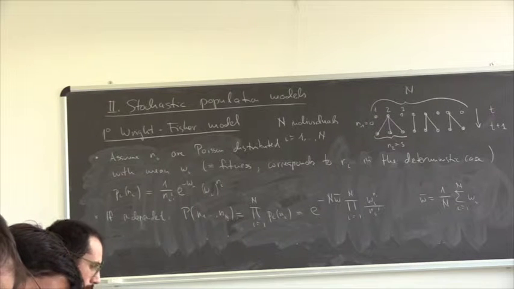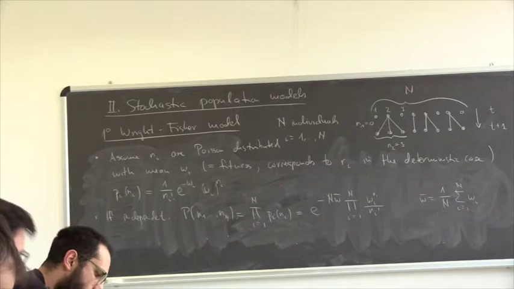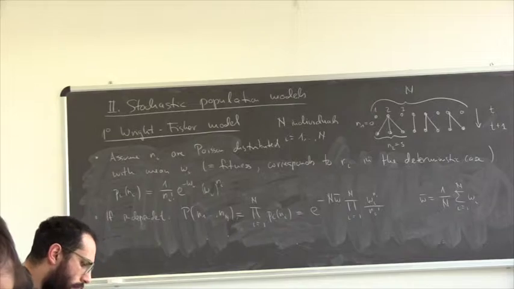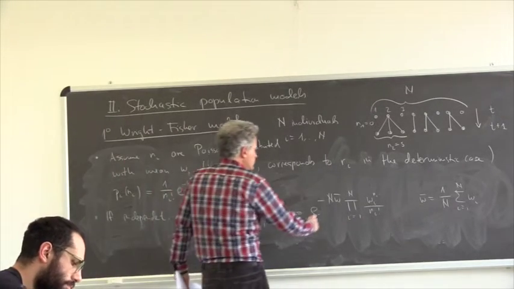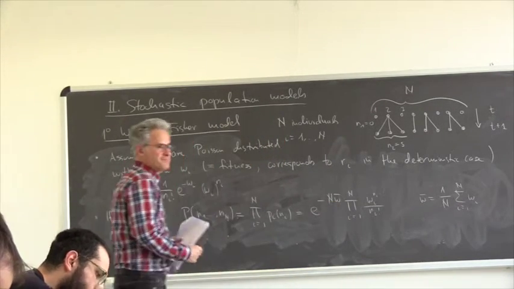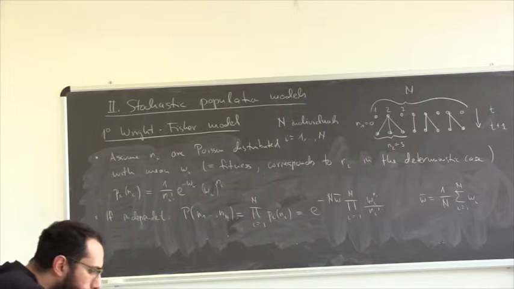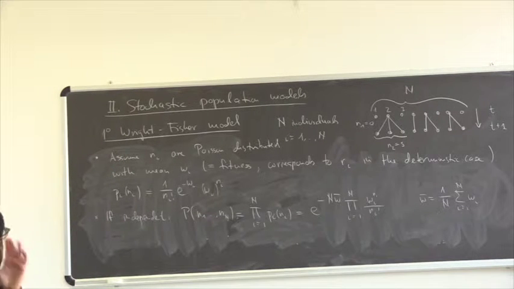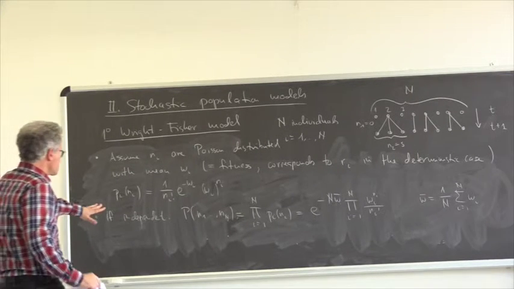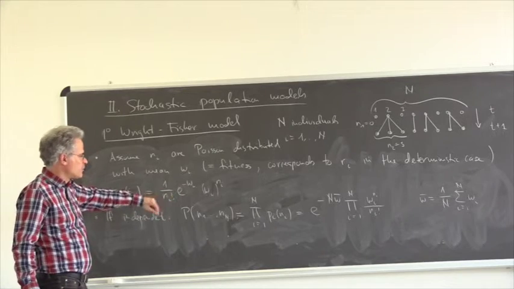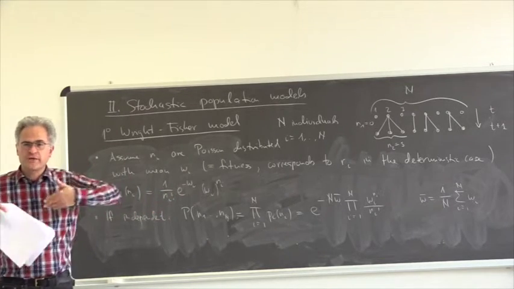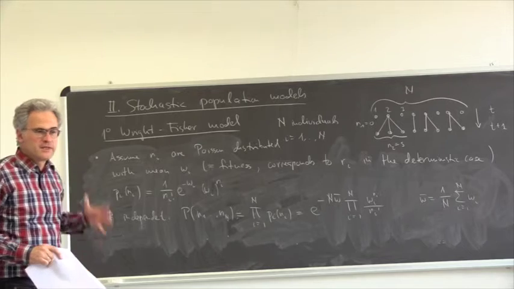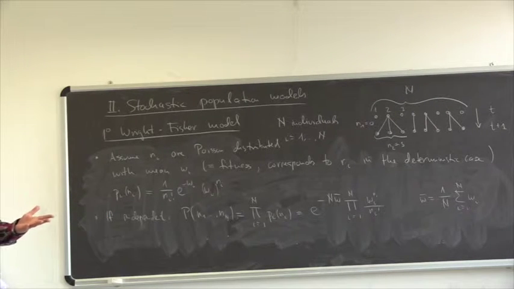Now, the question is, how do we make sure that the number of individuals doesn't change? If we define the model like this, so we say each individual creates offspring independently, then this would be something called a branching process.